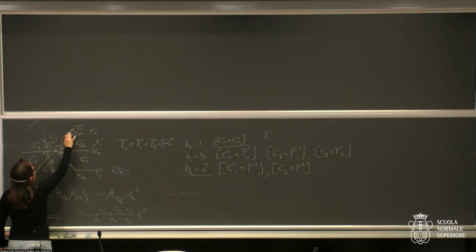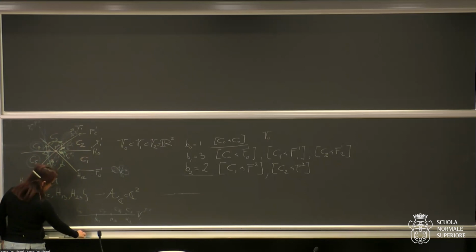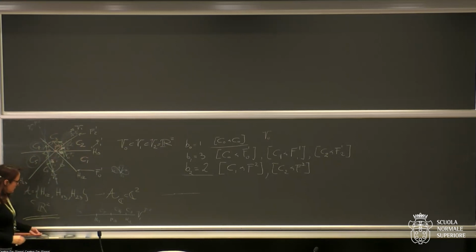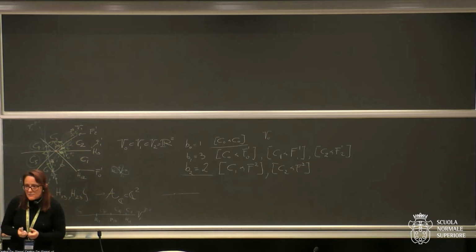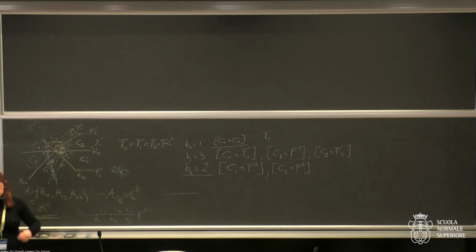This is the same point. The pink one tells you how you collapse the two-cells. The green one tells you how you collapse the one-cells. And then you have your minimal complex.